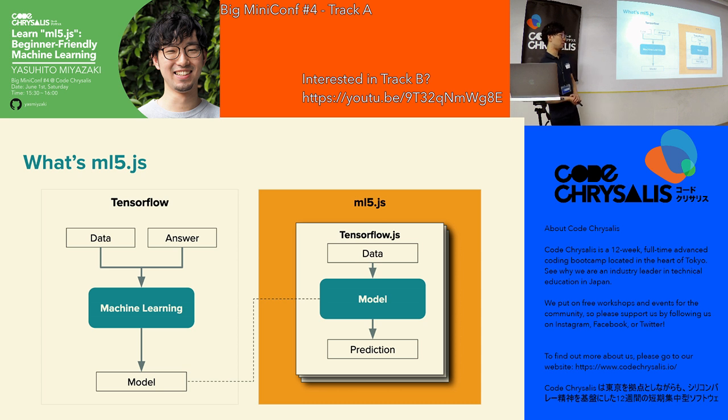ML5.js is created using TensorFlow.js, and TensorFlow.js is from TensorFlow. So using ML5.js, you don't have to create your own model. You don't have to program difficult predictions. You can just use the predefined functions in ML5.